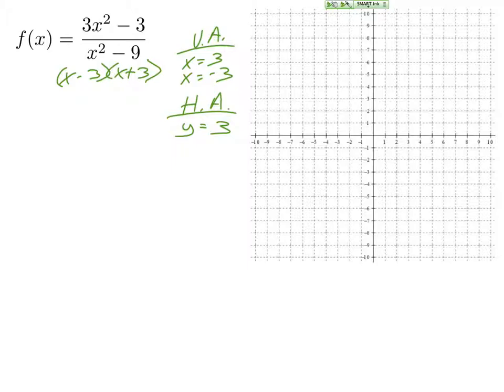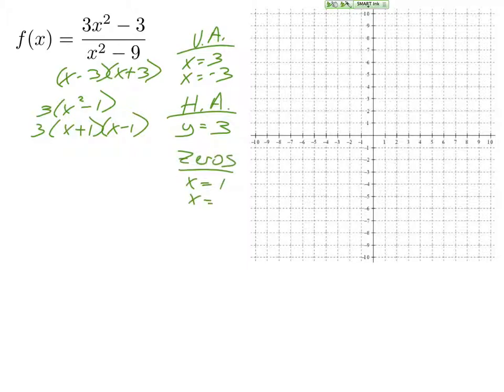Yes, what are they? All right, so what can we do to see that it's 1 and negative 1? Take the 3 out, which gives me x squared minus 1, and then we have x plus 1 and x minus 1. So our zeros, x equals 1, x equals negative 1.